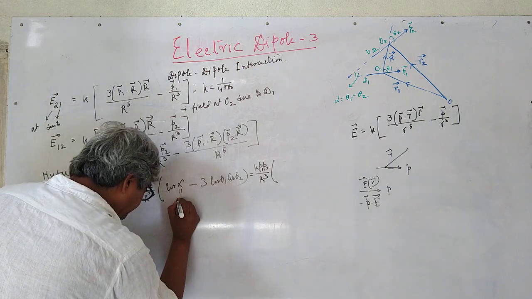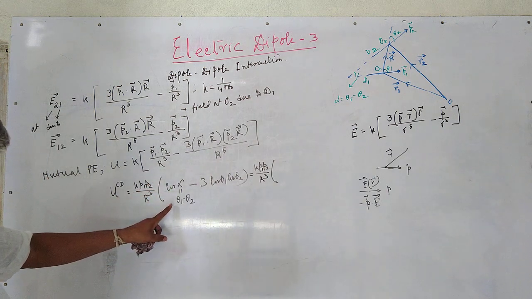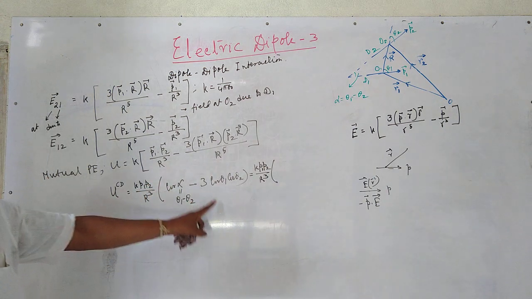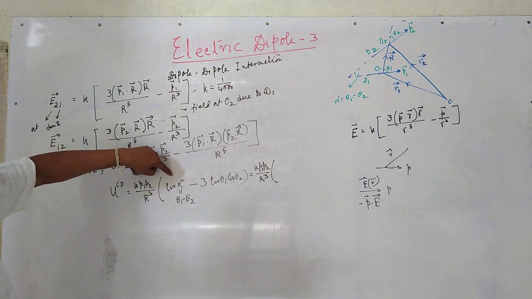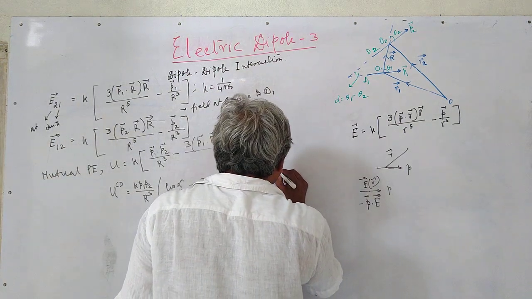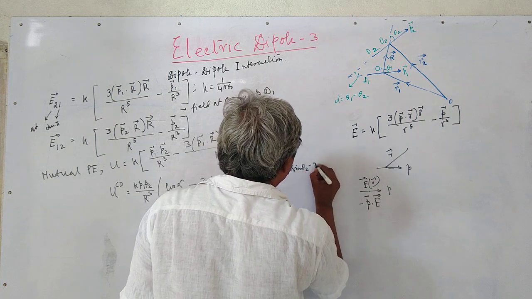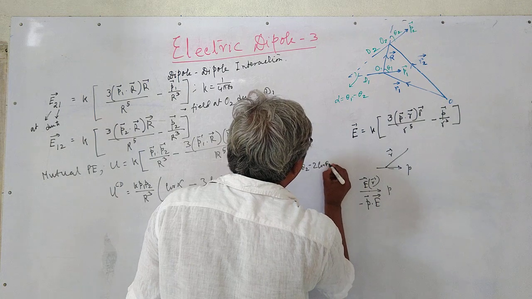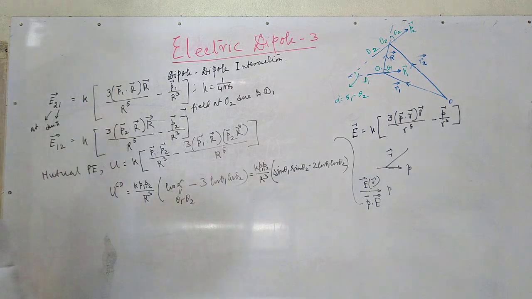This cos of theta 1 minus theta 2 gives cos theta 1 cos theta 2, which when combined with this becomes minus 2 cos theta 1 cos theta 2. Another term that arises from it is plus sin theta 1 sin theta 2.